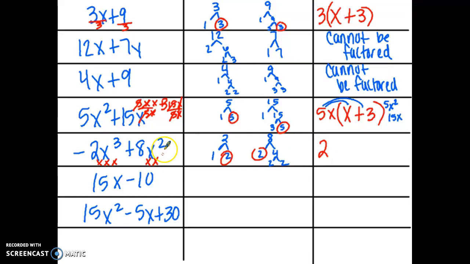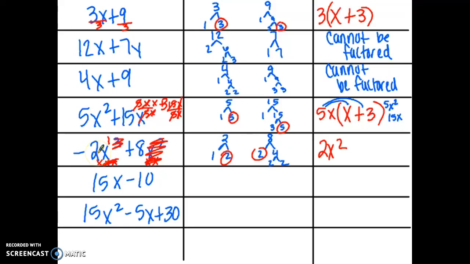So I'm going to factor by 2x squared because I'm going to pull 2 x's out of both of these terms. So that's going to cancel out 2 of these x's and leave me with 1. And these 2 x's will cancel out x squared and leave me with no variable in my second term.